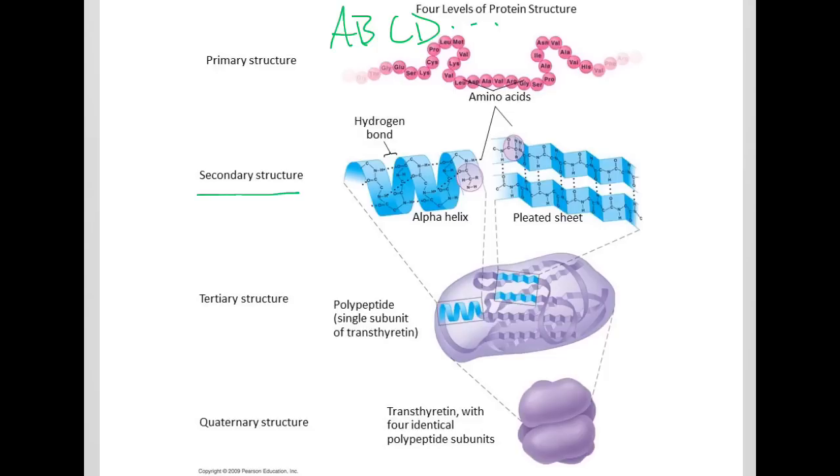Secondary structure allows sort of special folding. We create these things called alpha helices, so sort of a helix shape, and a beta pleated sheet, so sort of a folded structure. Tertiary structure involves folding of these alpha helices and beta pleated sheets into larger 3-dimensional structures, so lots of beta pleated sheets and lots of helices together. Notice that we're continually zooming out.